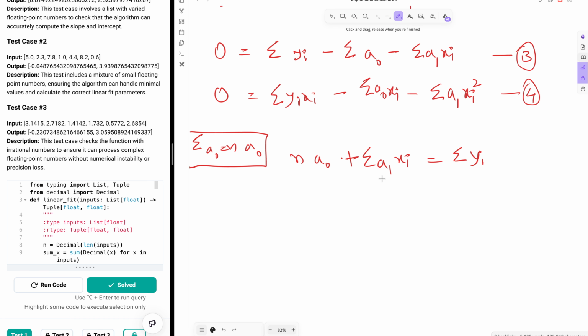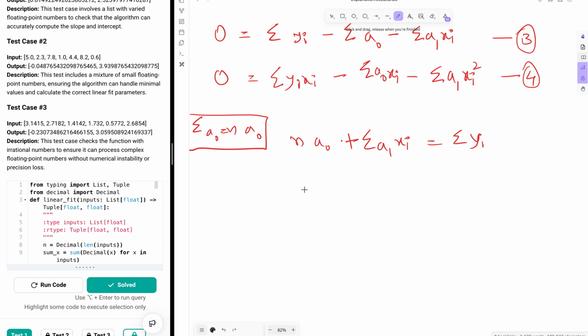And similarly from 4 we can derive that summation of x_i times a_0 plus summation of x_i squared times a_1 gives me summation of x_i y_i.